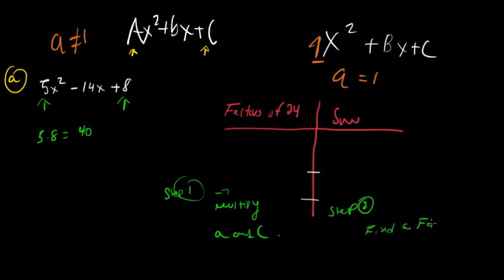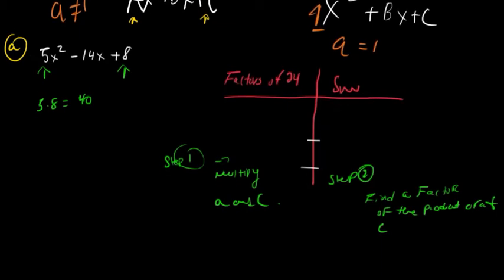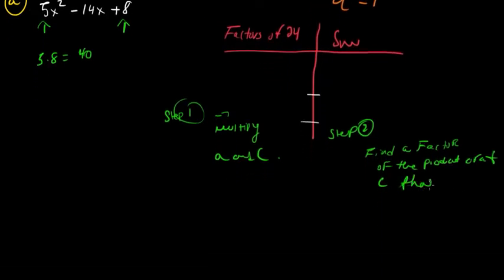Okay, now once we've gotten this 40, step 2 says find a factor of the product of A and C that adds to B. So we need to find the product of A and C that'll add to B. Well, what is B?